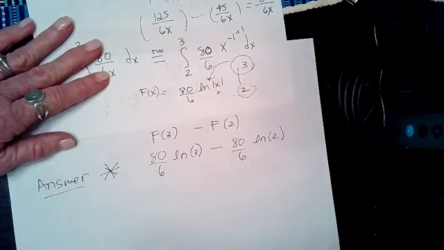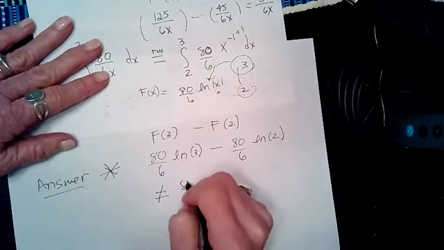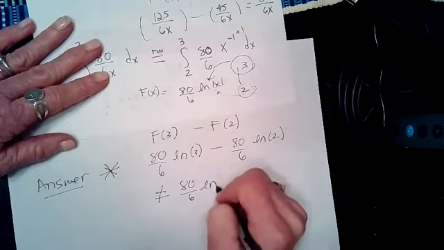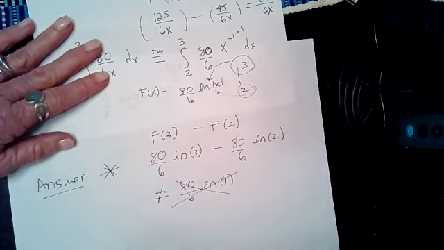Okay, but you cannot call that 80 over 6 ln of 1. You can't subtract the arguments of the ln, and that's what a lot of people want to do, okay?